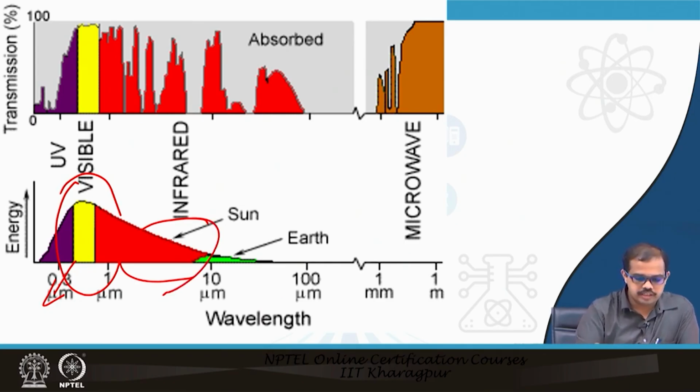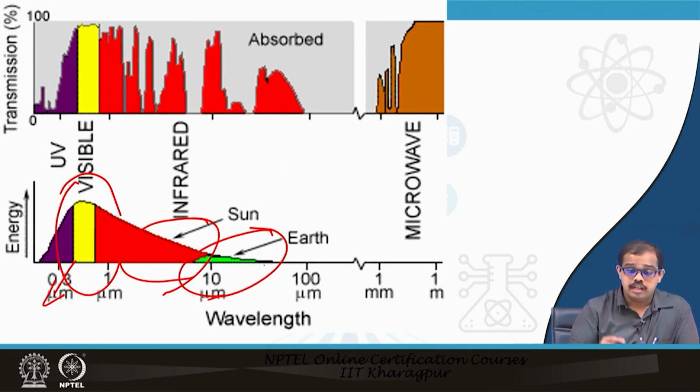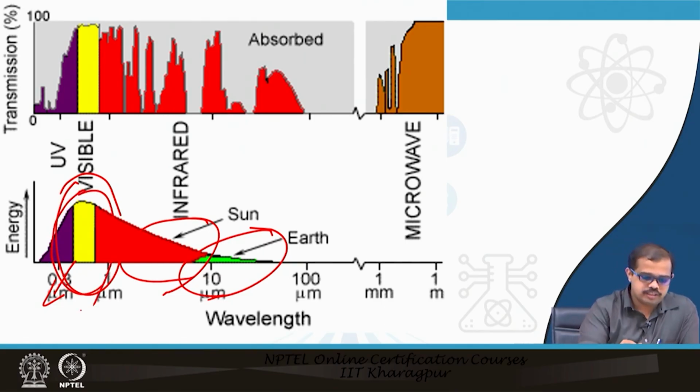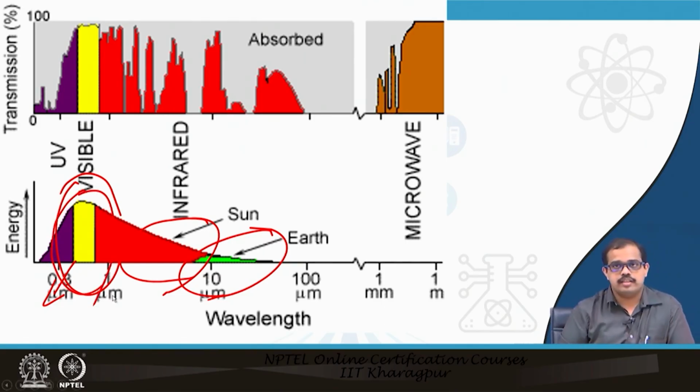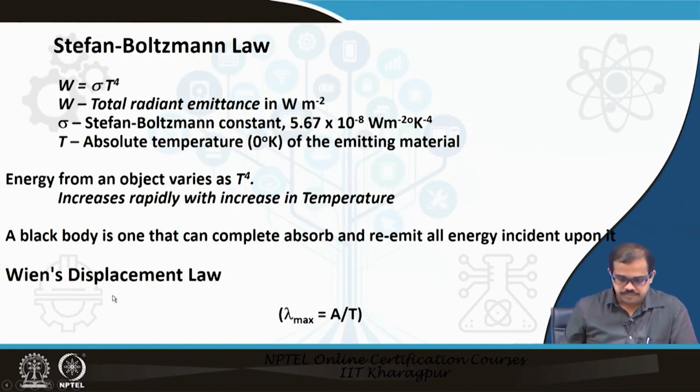Okay. So, energy is much lesser. When you look at the earth's surface, you can see it here. The same thing is very much reciprocal in terms of transmission. Okay. So, I'll speak about this when I speak about the other two laws, but why I am very particular about this is to understand how energy and wavelength are related.